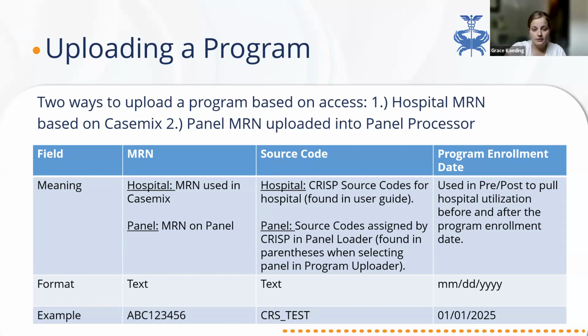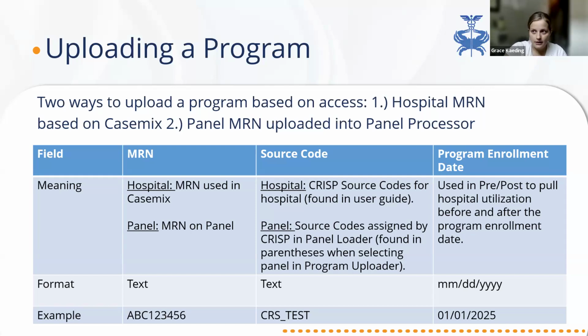The source code, so for hospitals, you have to use the CRISP source code for the hospital. If you don't know what your hospital source code is for CRISP, you can just find it in the user guide. It should be at the bottom. For panels, CRISP assigns a source code to the panel when you upload it, just as an identifier.